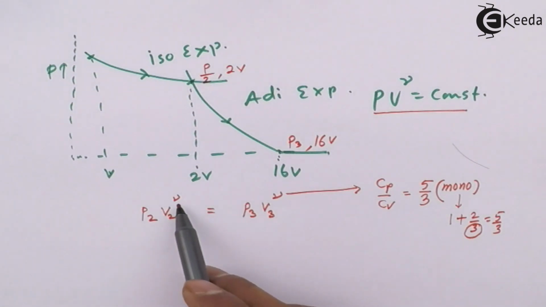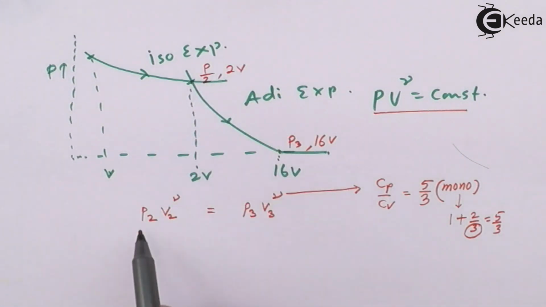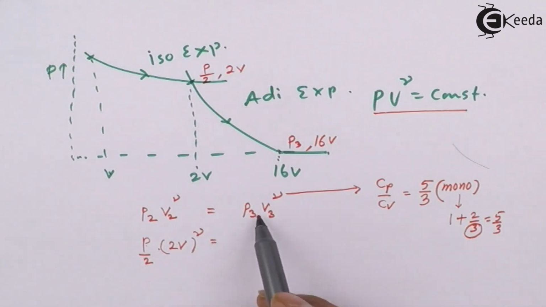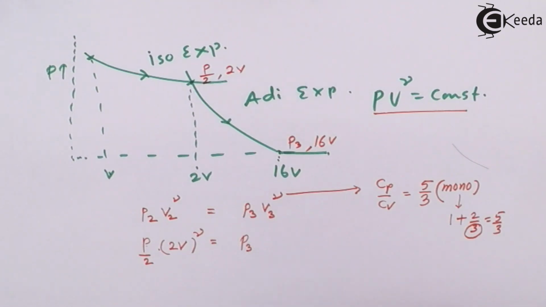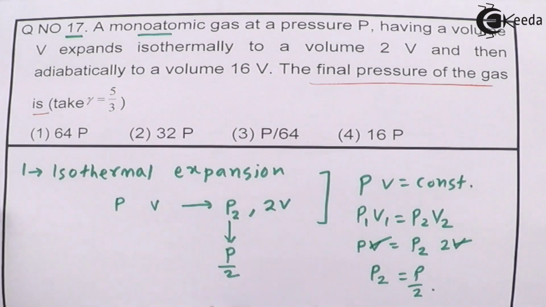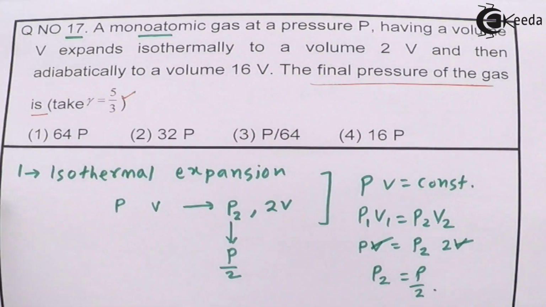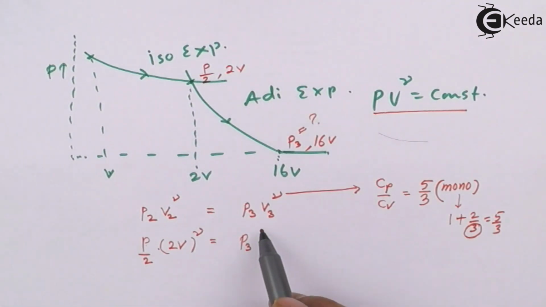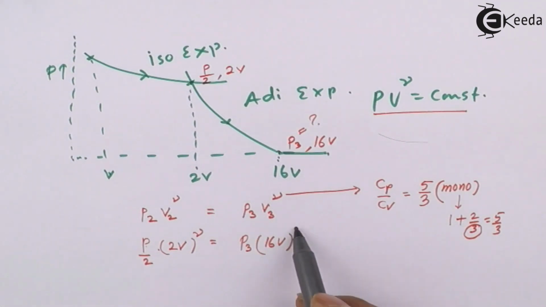Now P2 V2 is P by 2 times 2V to the power gamma, and P3 is the final pressure. The question is to find the final pressure of the gas, and take gamma as this. That means you want P3, V3 is 16V, 16V to the power gamma.